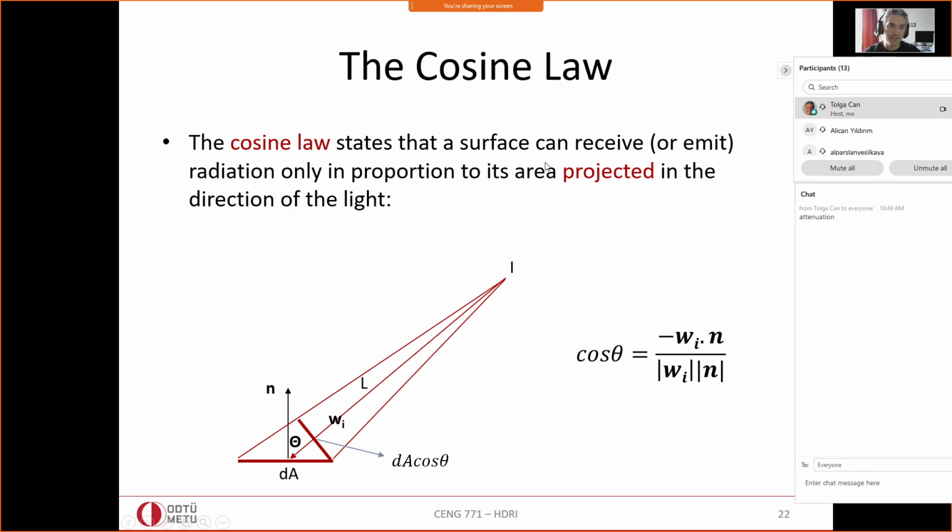The cosine law states that a surface can receive or emit radiation only in proportion to its area projected in the direction of the light. Again, this talks about areal intensities, but in the ray tracing algorithm that we will implement, we will be interested in surface points. We will not be talking about areas, but the model that we are going to use comes from this cosine.